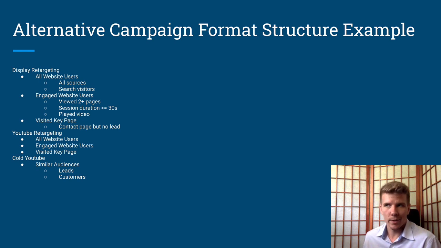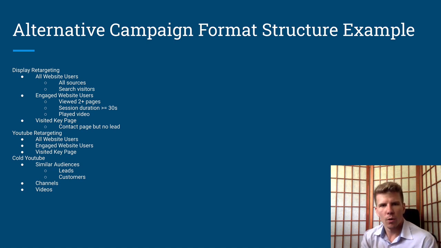So depending on how big that is, you could segment that as well. So you could have leads for this sort of service, or leads that were ideal clients versus ones that were smaller. Also with cold YouTube, you can do channel placements as well as video placements. You can do audiences that aren't built off of similar audiences but just preset from the system, but they're a little bit harder to get right versus your similar audiences.